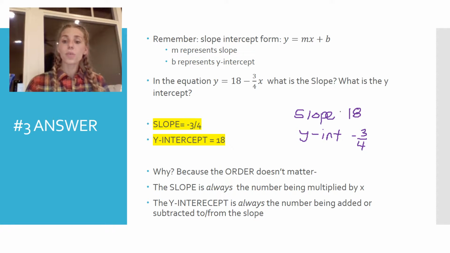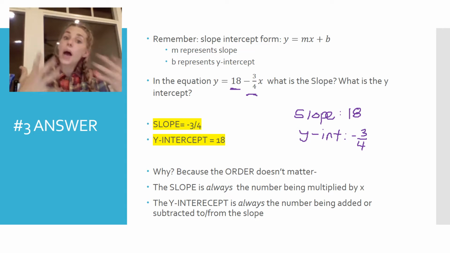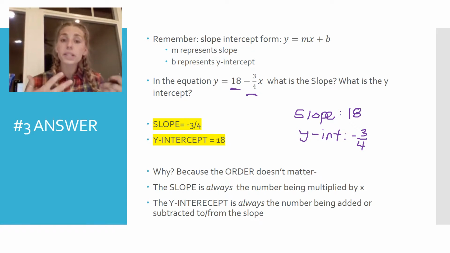Okay, the reason why some of you probably did this is because you probably weren't paying attention to whether the first number was being multiplied by the x or not. You probably just looked at the first number and you said, oh, the first number is 18, so that's our slope. The second number is -3/4, so that's our y-intercept. That's not the case. We have to be particular.